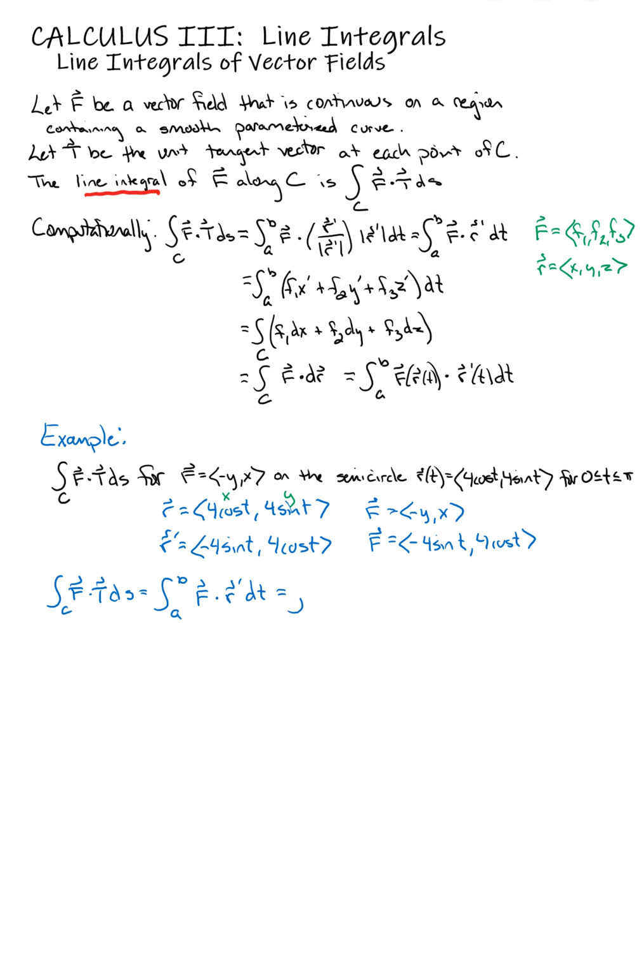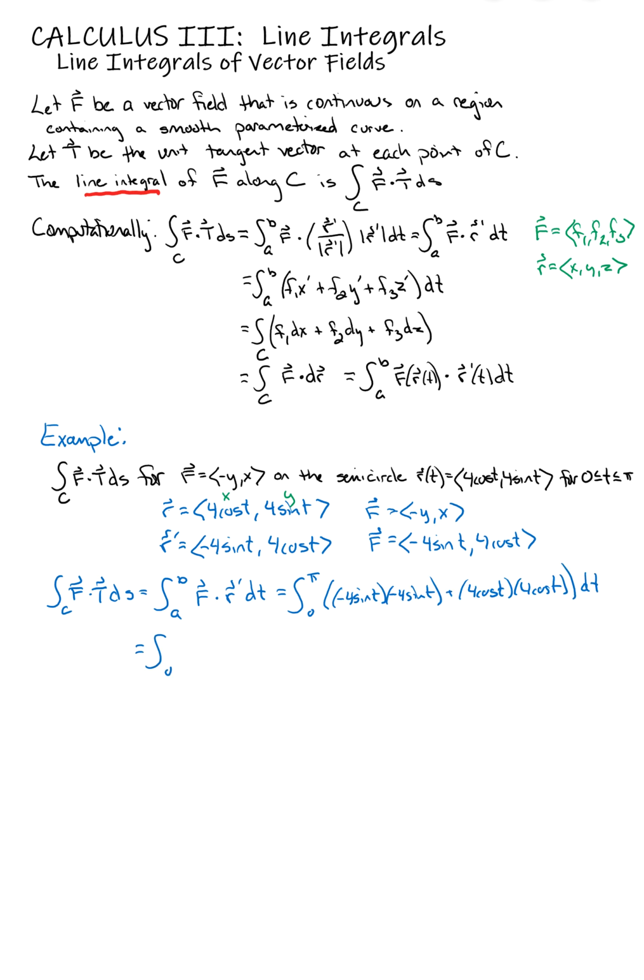So that gives us the integral from 0 to pi of, now I'm simply going to take the dot product of f with r prime. So that gives us negative 4 sine t times negative 4 sine t plus 4 cosine t times 4 cosine t, and we're going to integrate with respect to t.